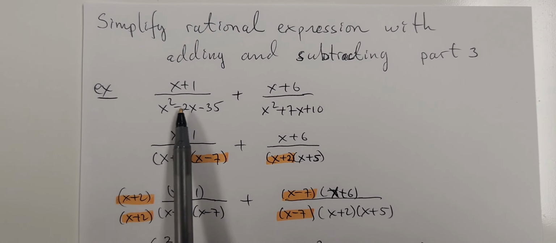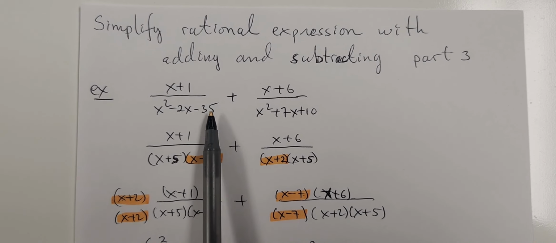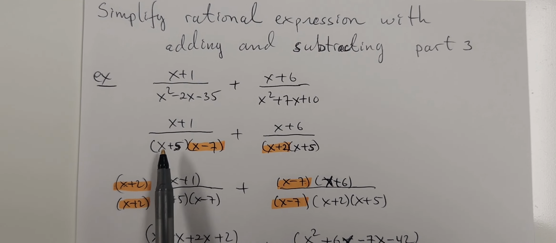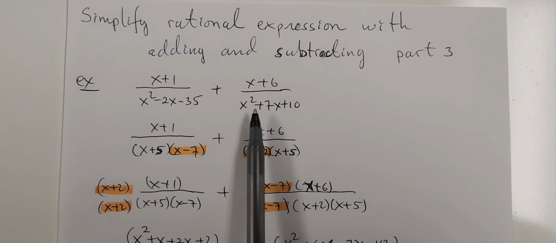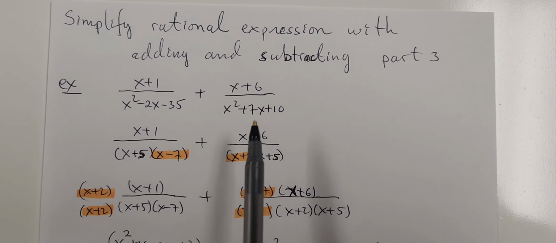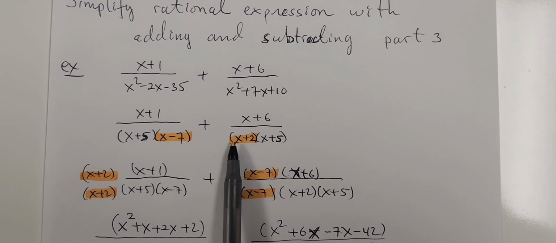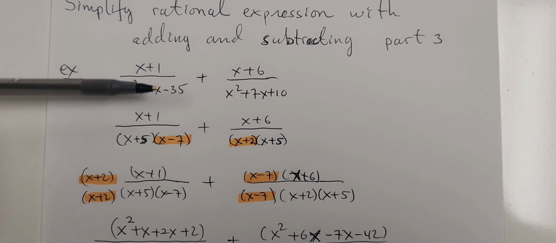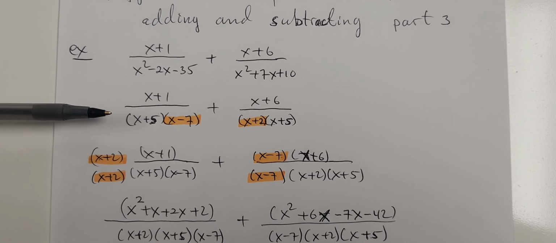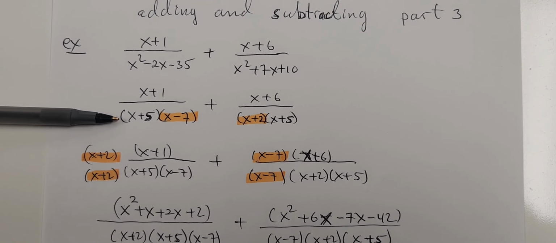That's the first step. So x squared minus 2x minus 35 is x plus 5, x minus 7. X squared plus 7x plus 10 is x plus 2, x plus 5. So from this step down to this step, we are factoring the denominator.